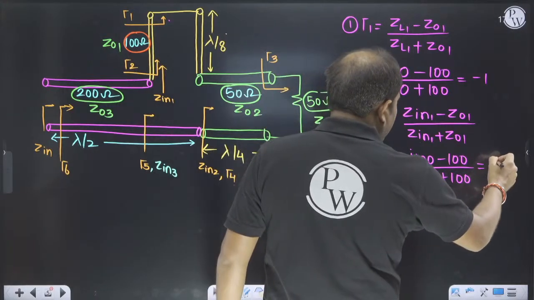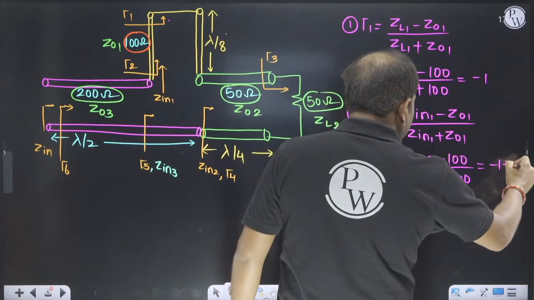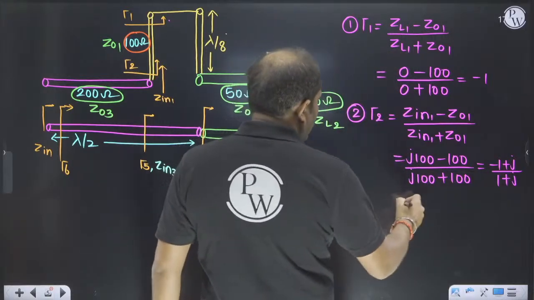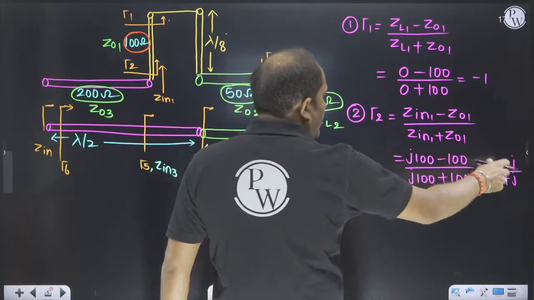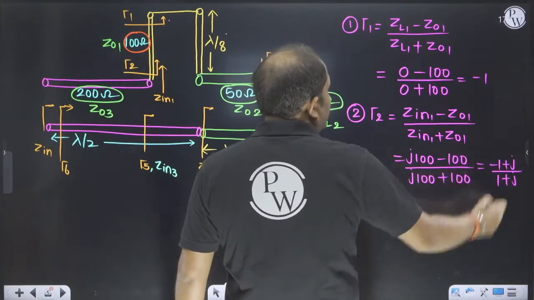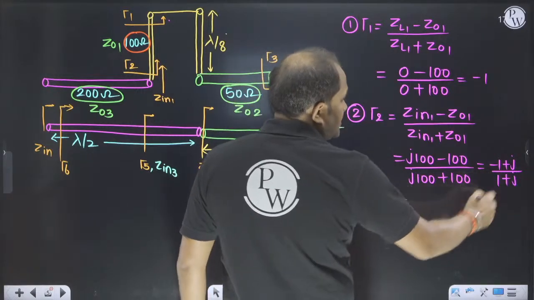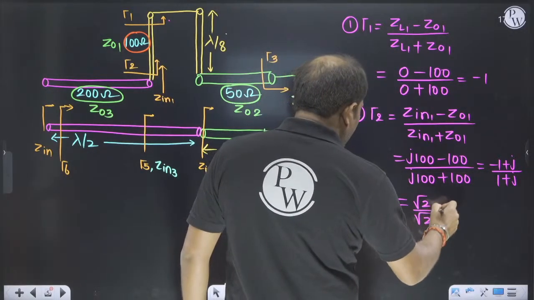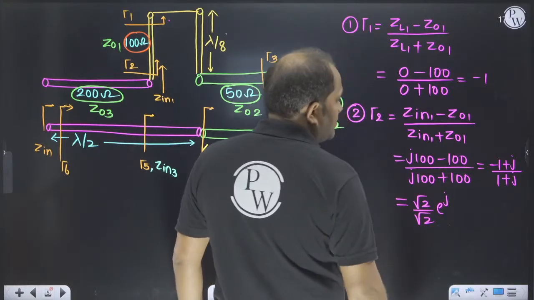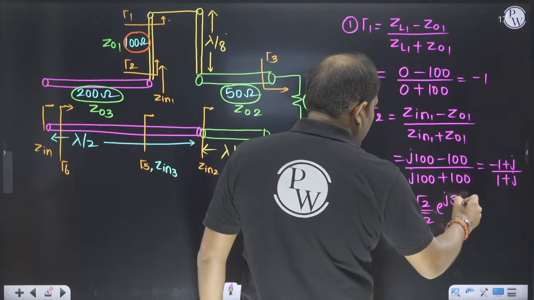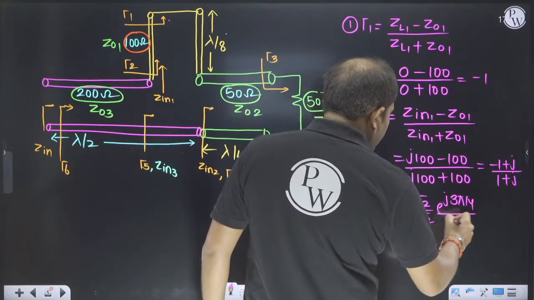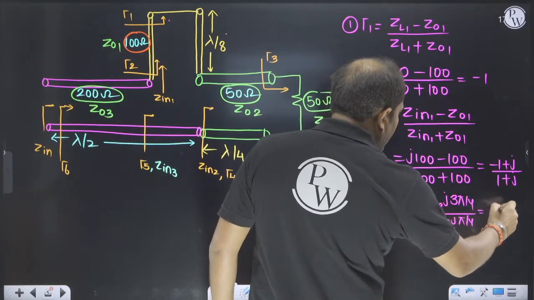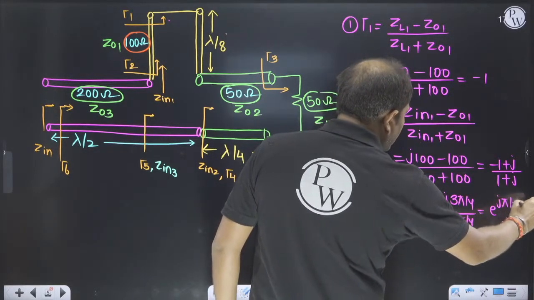It will be minus 1 plus j over 1 plus j. This is a complex number: the numerator is in the second quadrant, the denominator is in the first quadrant. The magnitude will be root 2. The angle of the first one is 3 pi by 4 and of the second one is pi by 4. So our answer will be e to the power pi by 2.